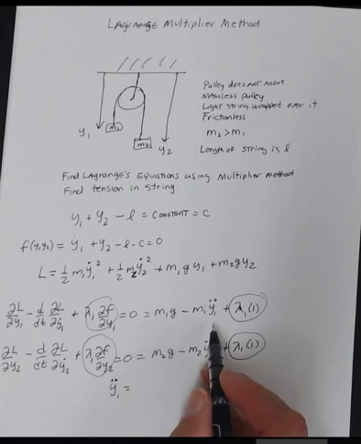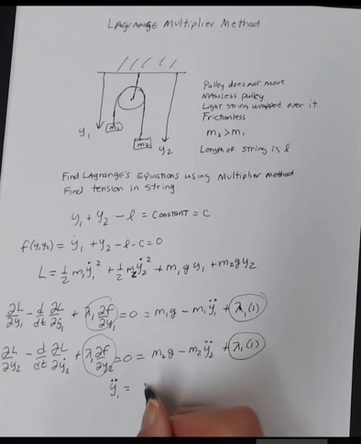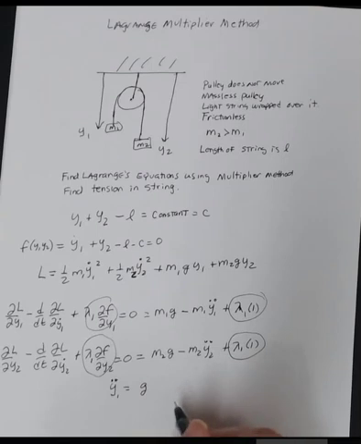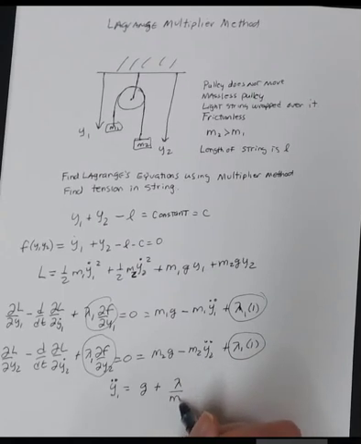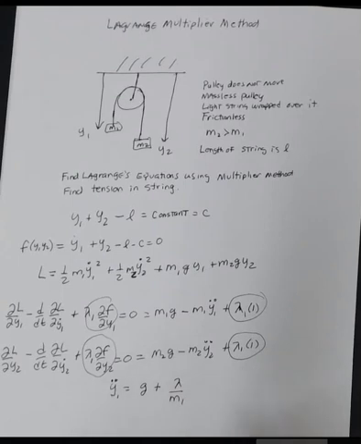It's going to equal g plus lambda over m1. So that's y1 double dot.